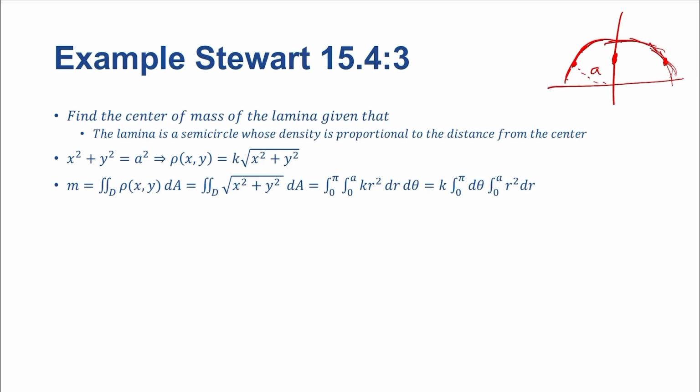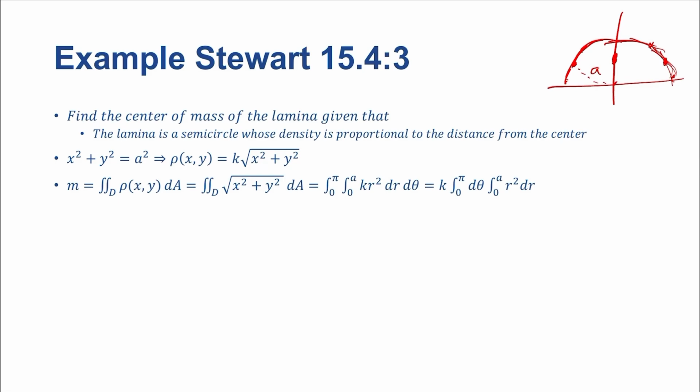So this is the integral of square root of x squared plus y squared dA. That's a double integral we don't want to do in Cartesian coordinates, so we switch it over to polar. So we get the integral between 0 and pi, obviously from sweeping from here over to there. Then we get the integral from 0 to a, sweeping our radius from here out to here. And we get k r squared dr d theta, obviously, because we put in that factor of r already.